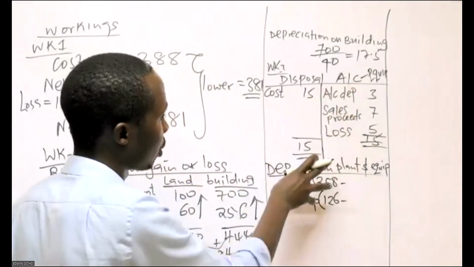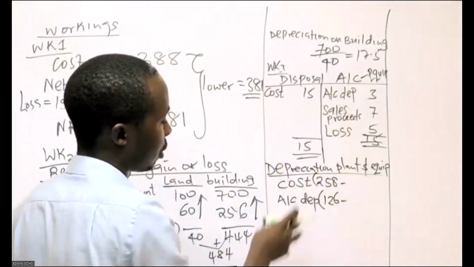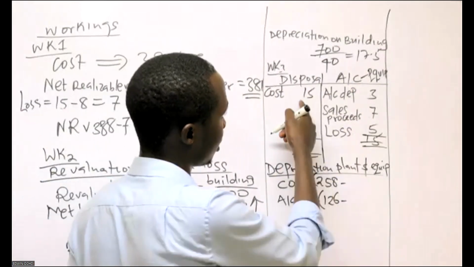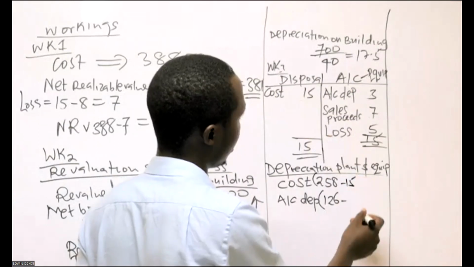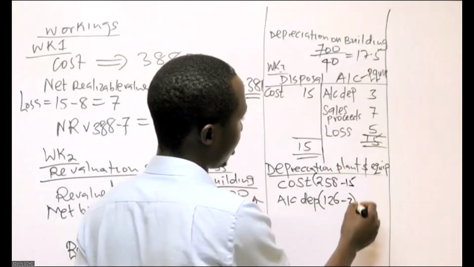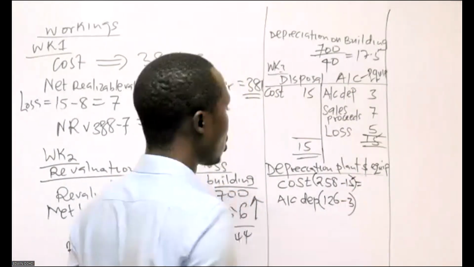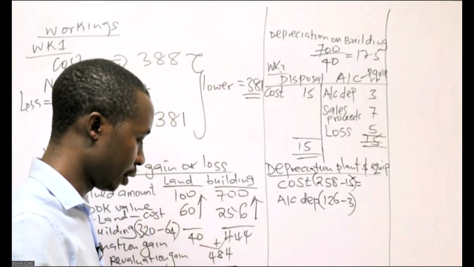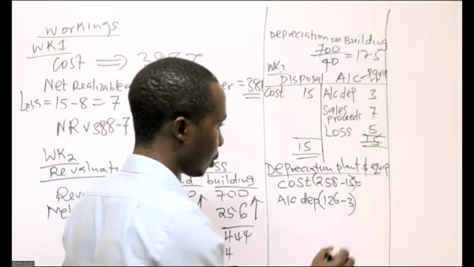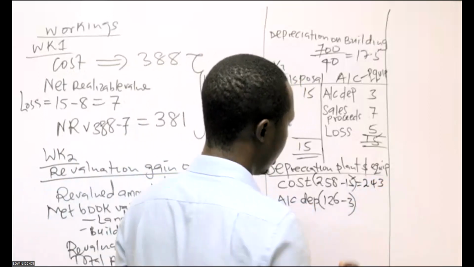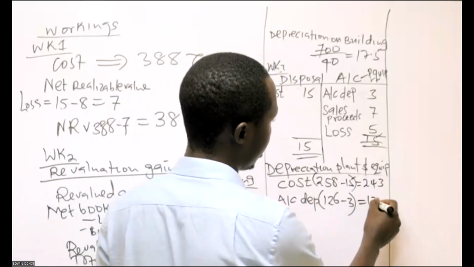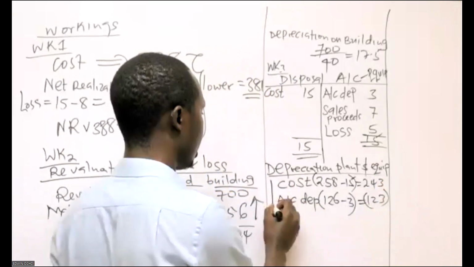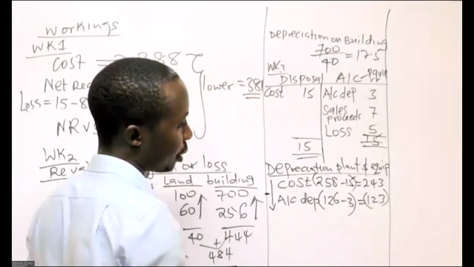This equipment was inclusive in the one in the trial balance, meaning that I have to minus the disposal, that is 15, and accumulated depreciation of 3, so that I get my cost and accumulated depreciation after disposal. 258 minus 15, 243. This is 123. So that now I can say cost minus accumulated depreciation.